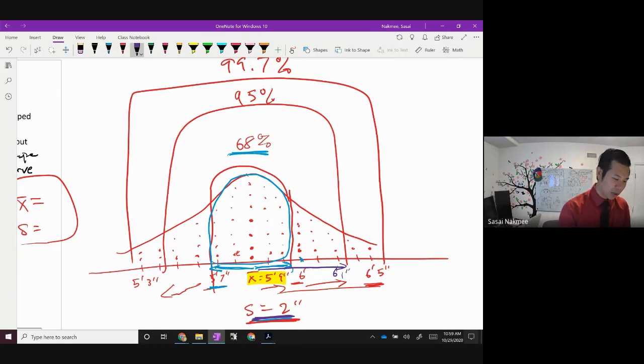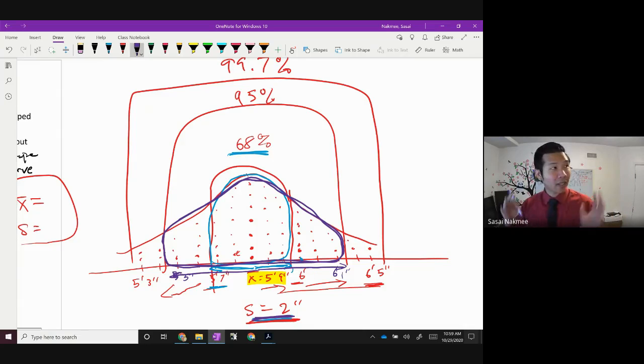And you also go 2 standard deviations below, which would be 5'5", and you incorporate all the people from 5'5" all the way up to 6'1". I'm saying that captures 95 out of 100 people. So if you have 100 people lined up this way, 95 of them are going to be between 5'5" and 6'1". And I hope that kind of makes sense.